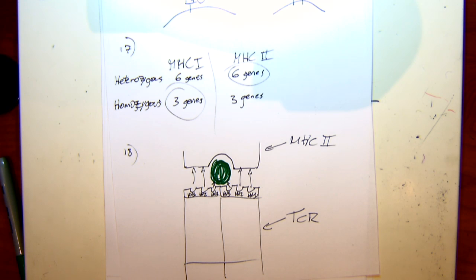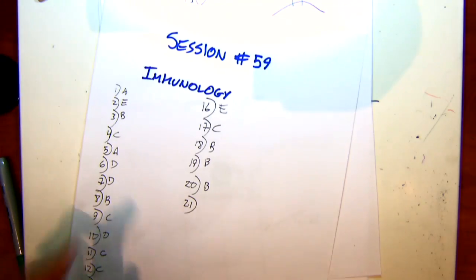If you don't remember, you can go back to the chapter with the MHCs, I think it's 5 or 6, and the drawing is pretty self-explanatory, okay? So 21 is going to be E.